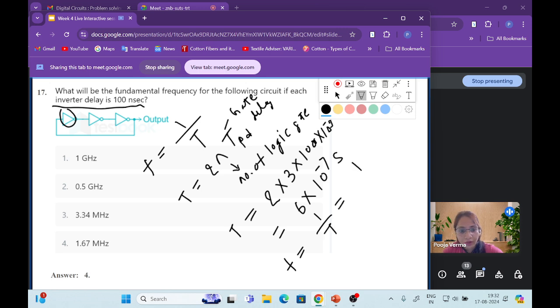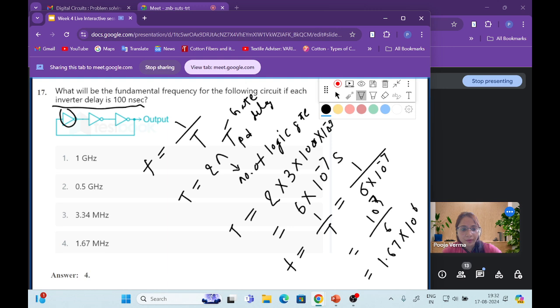So 1 upon 6 into 10 to the power minus 7, right? Now it will go up to 10 to the power 7 divided by 6. Okay, if you multiply it, you will get 1.67 into 10 to the power 6.